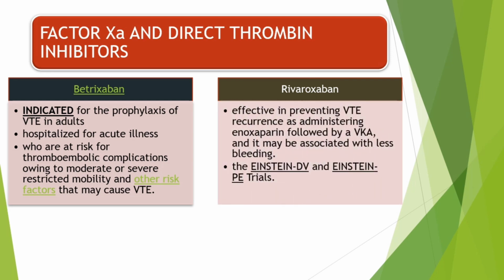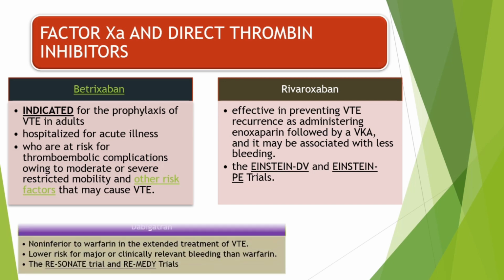Rivaroxaban is as effective in preventing VTE recurrence as administering enoxaparin followed by vitamin K antagonist, and it may be associated with less bleeding. And the efficacy and safety of rivaroxaban was established by the landmark Einstein DVT and Einstein PE trials. So for extended treatment and for prevention of recurrences, rivaroxaban is effective.